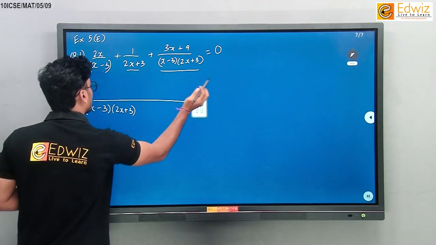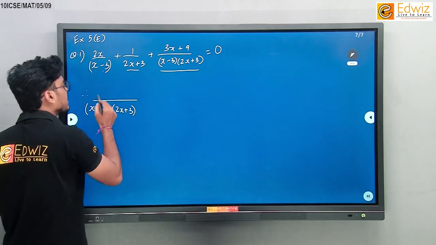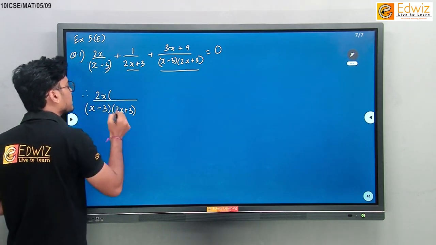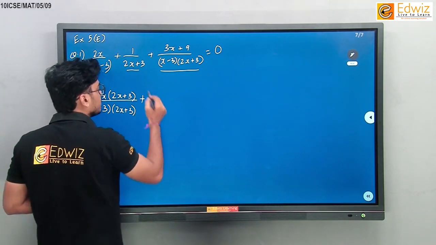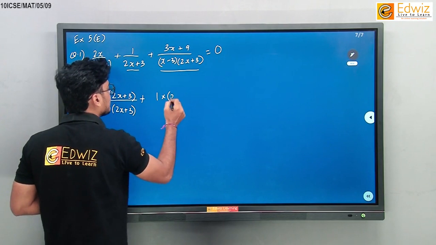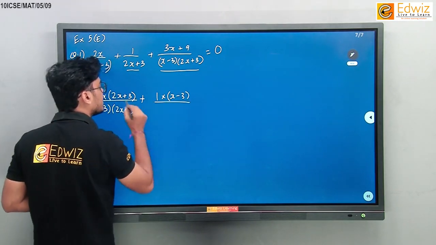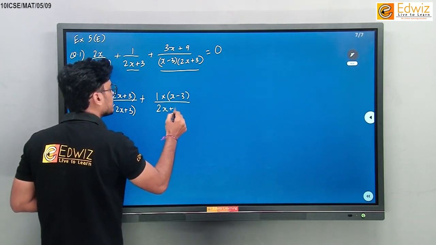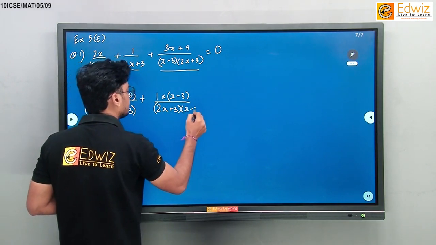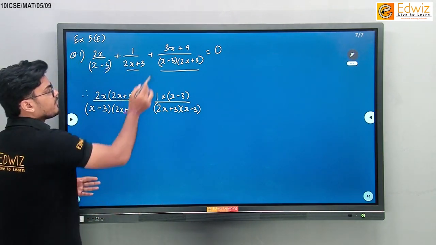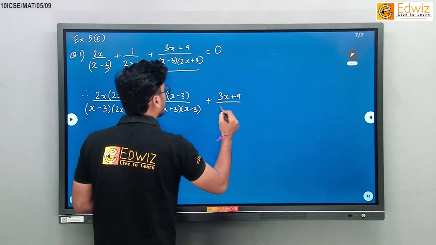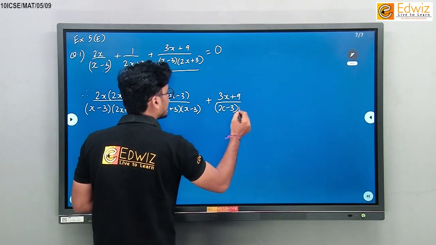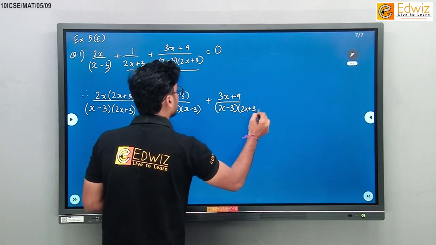If I do it in the denominator, I have to do it in the numerator as well. 2x will also be multiplied by 2x plus 3, and in the second term, 1 is multiplied by x minus 3. Why? Because in the denominator I am multiplying 2x plus 3 by x minus 3. And there is no need for any change in this term. It will remain as it is because the denominator is already x minus 3 multiplied by 2x plus 3.